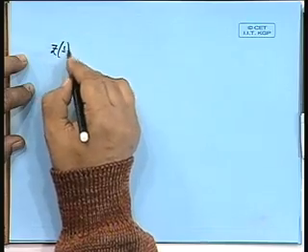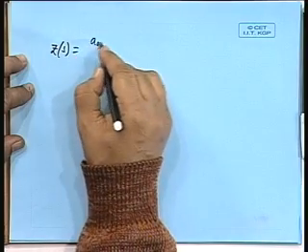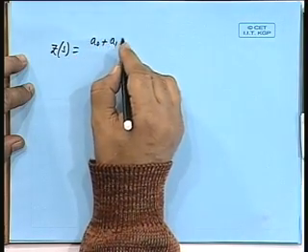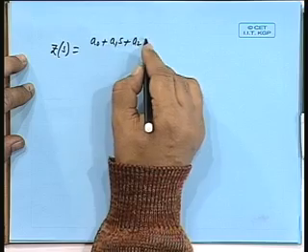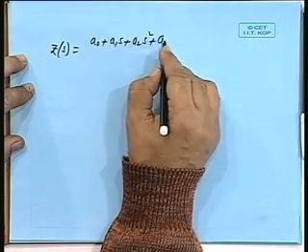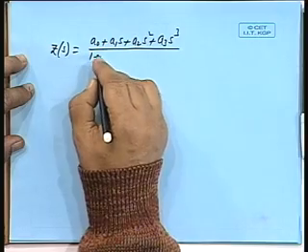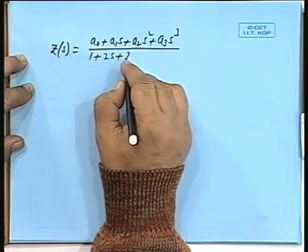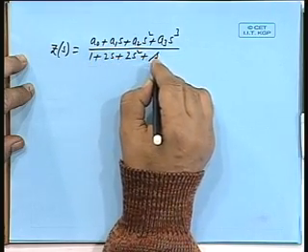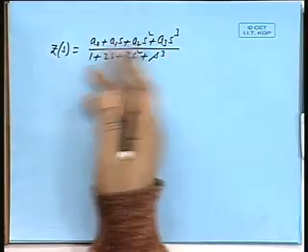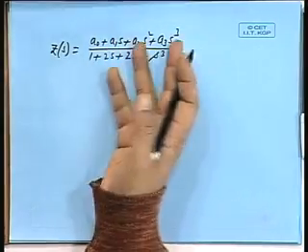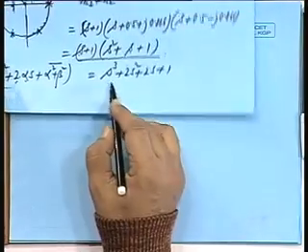So we shall write Zs as a polynomial, a0 plus a1 s plus a2 s squared plus a3 s cubed, divided by 1 plus 2s plus 2s squared plus s cubed. I just put it in reverse order, that is immaterial, you can put in any order. Okay. So this is the denominator.